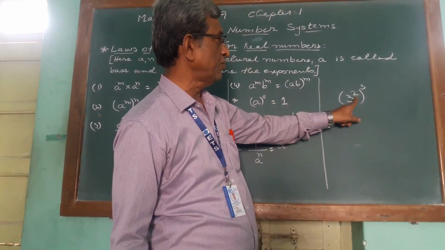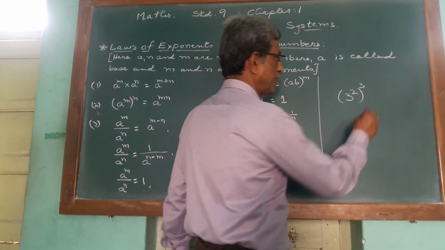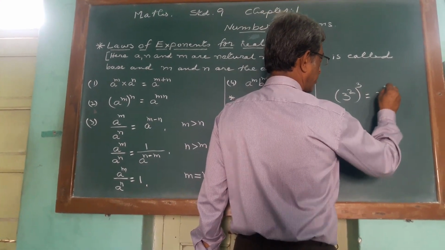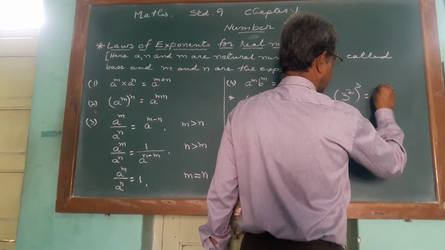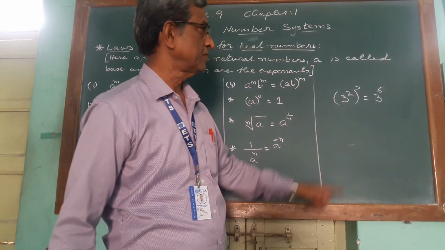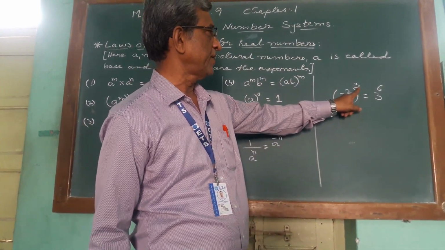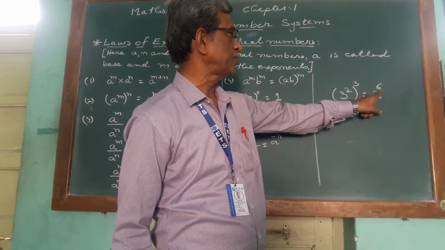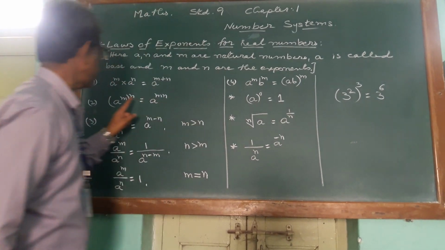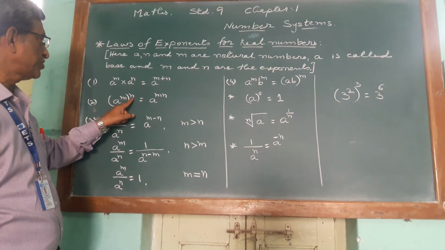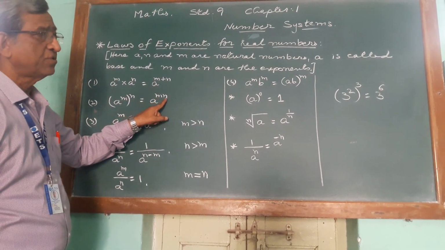So this gives you 3 raised to 2 threes are 6, that is 3 raised to 6. Means a raised to m whole raised to n, m into n.